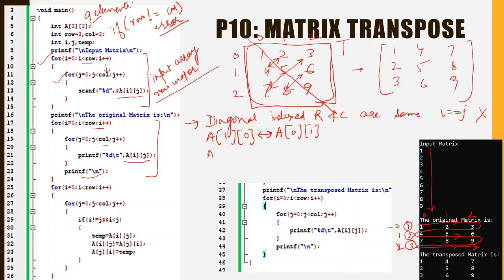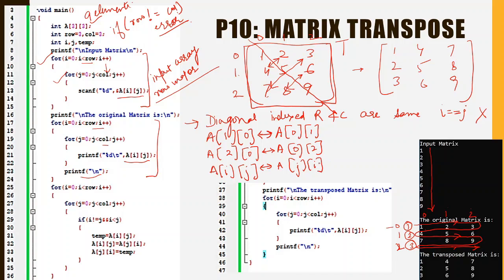Okay, so the index a20 is interchanged with a02. Can you see an analogy over here, that aij is interchanged with aji?